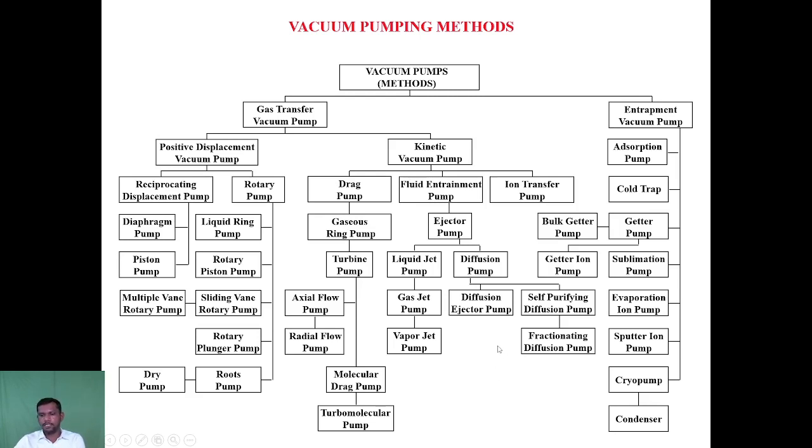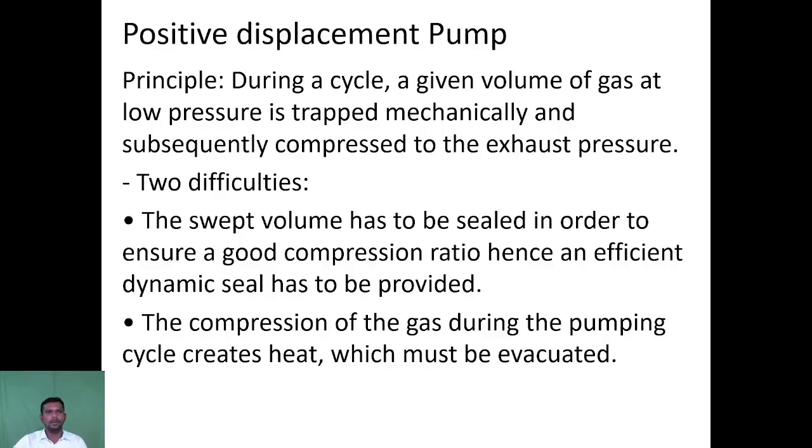In some cases, people have sputter ion pump, getter pump and cold trap pump. So these are all the different categories. But the rotary mechanical pump, turbo molecular pump and the diffusion pump, these three are essential and always exist inside the physical vapor deposition system. In which we are going to discuss the rotary mechanical pump in detail. So what is positive displacement pump? It is working under a principle.